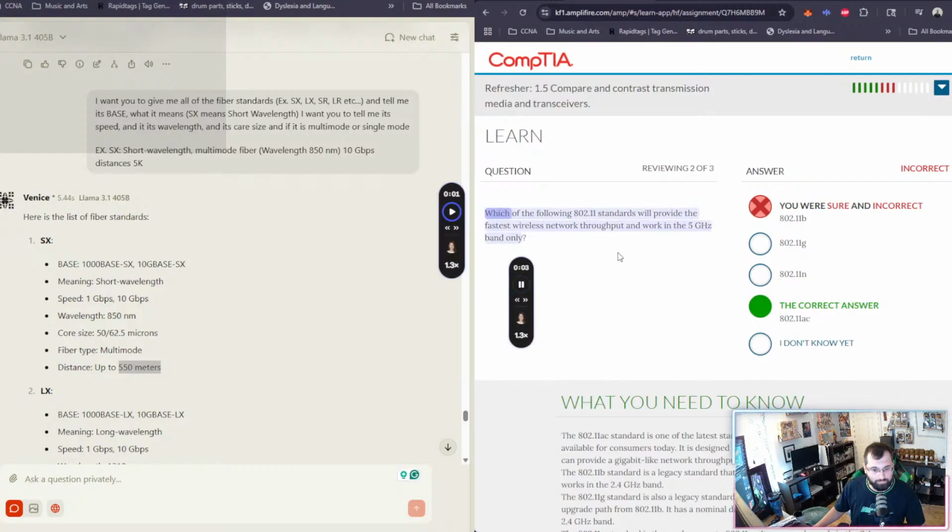Which of the following 802.11 standards will provide the fastest wireless network throughput and work in the 5 GHz band only?